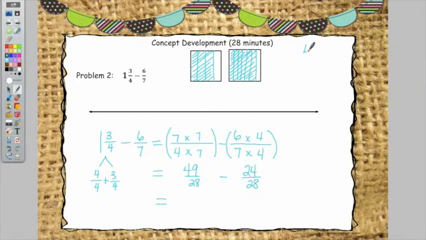Somewhere, either on your paper or in your head, you'll need to subtract 49 minus 24 to get your answer. So what is it? 25/28.